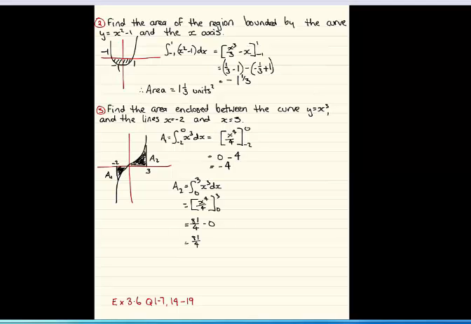So if you had worked this out as just one integral from negative 2 to 3, you would get negative 4 plus the 81 over 4, and your answer would be incorrect.